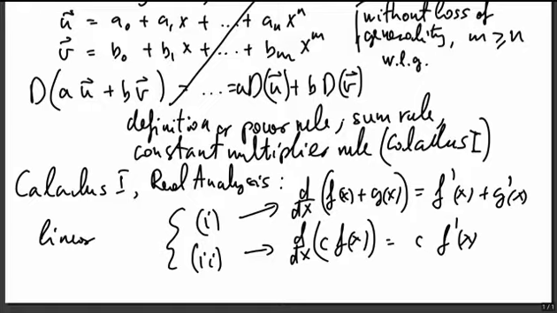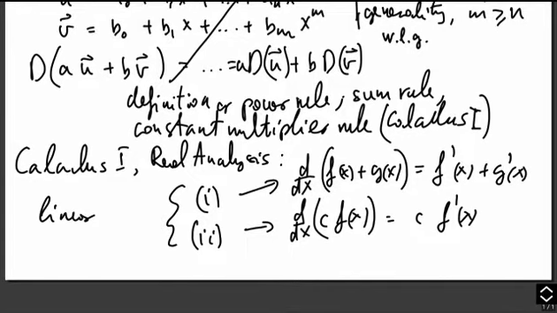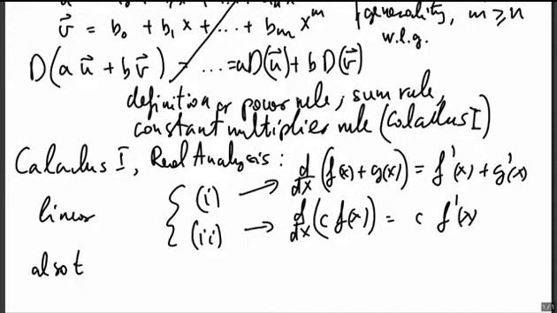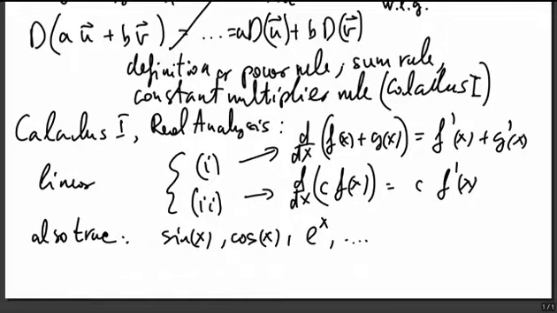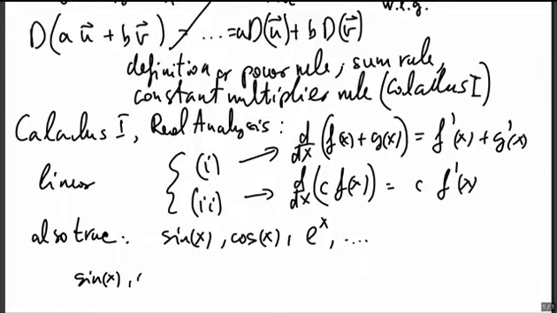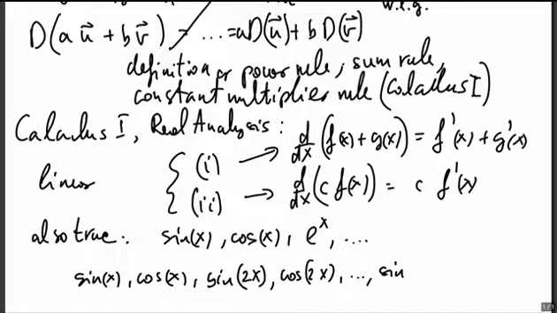Especially because this is true not just for polynomials, this is true for all differentiable functions. So for example, we could also have the sine of x function, the trigonometric functions, the exponential functions, and so on. In fact, let me mention that another popular function space, a vector space of functions, is when you have sine of x, cosine of x, then sine of 2x, cosine of 2x, sine of nx, cosine of nx.